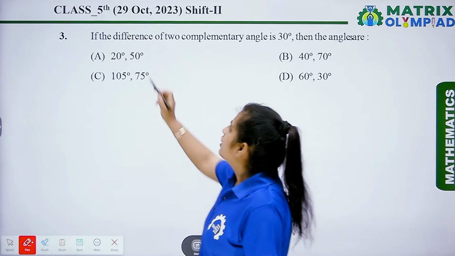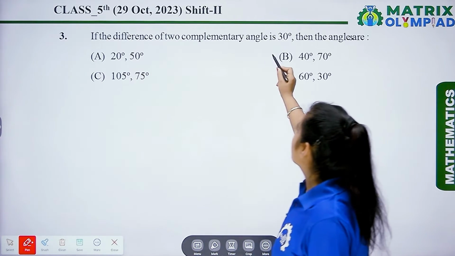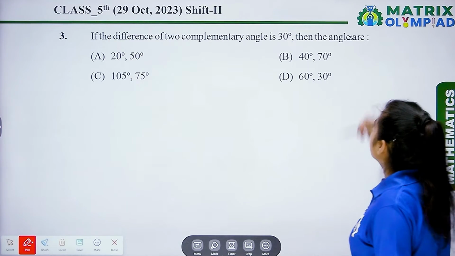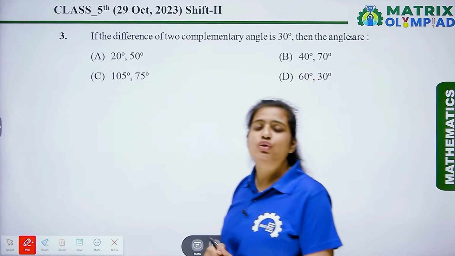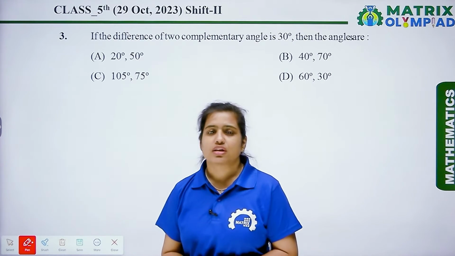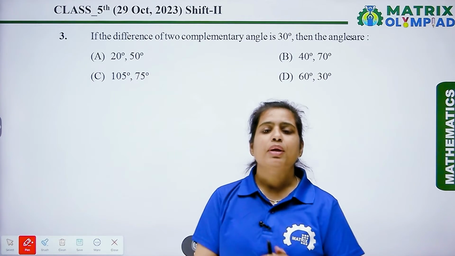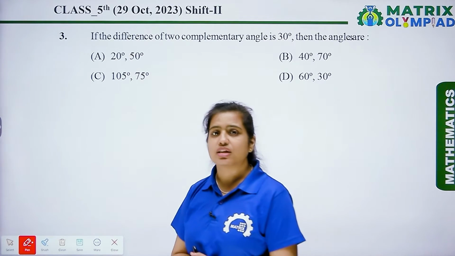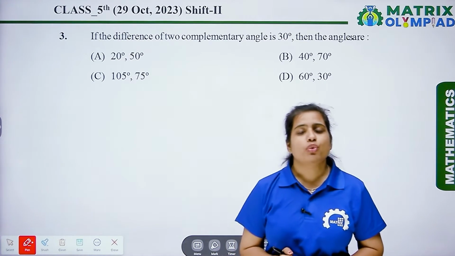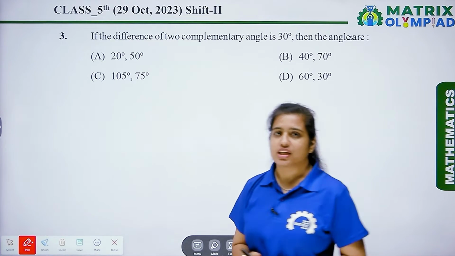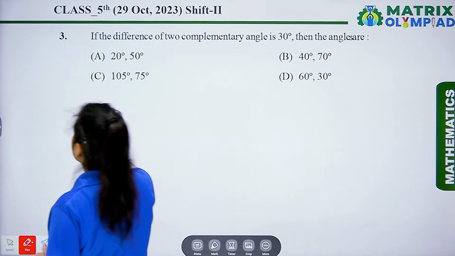Question number 3. If the difference of two complementary angles is 30 degree, then the angles are. So, here we have to find out the two angles. And we know that complementary angles are those angles in which sum of two angles is equal to 90 degree. So, here let's begin with the solution.